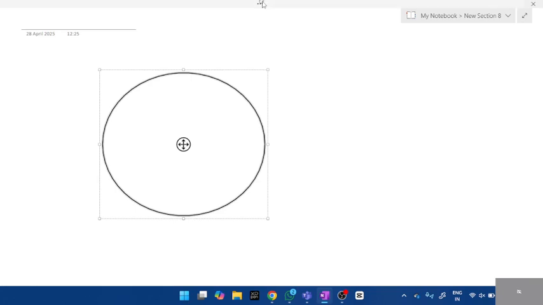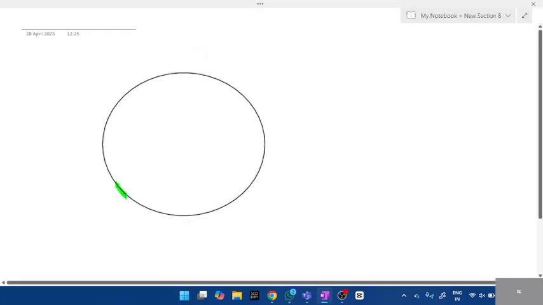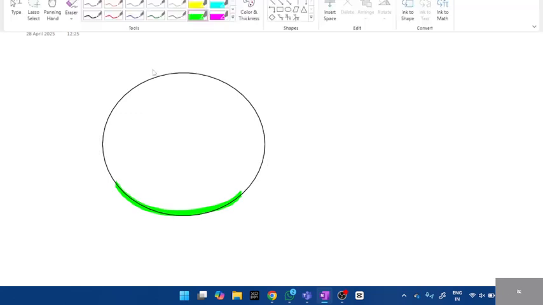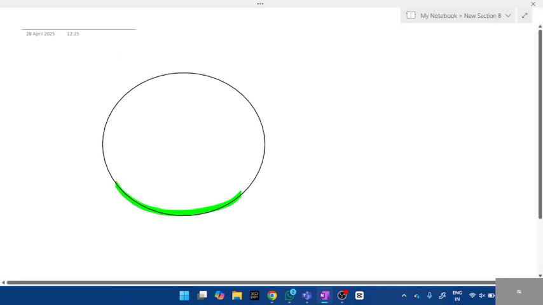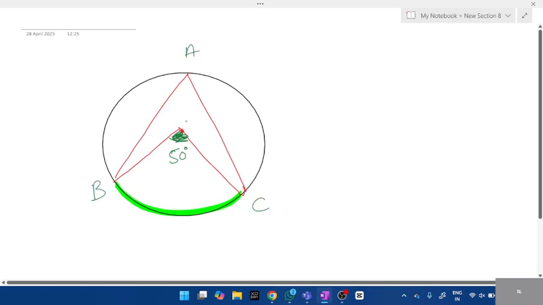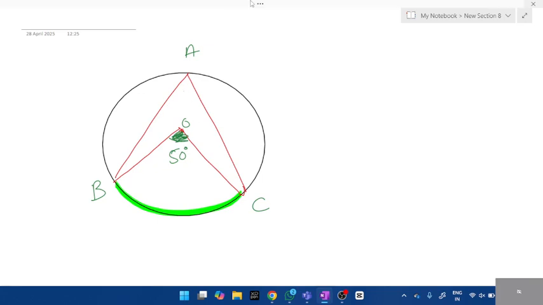If you draw a circle like this, one arc. Tell me the value of BAC, students. If BOC is 50 degrees, what will be the value of BAC?